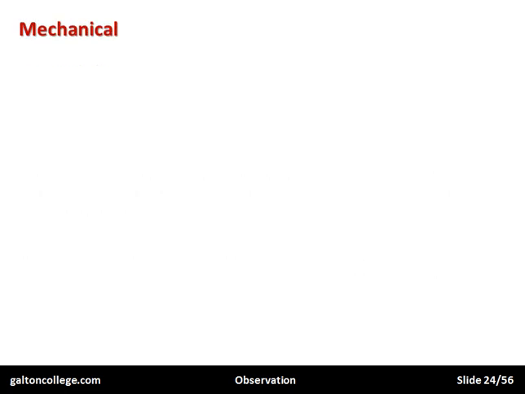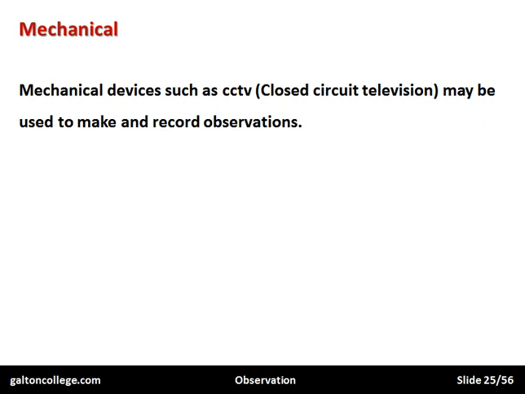Now the mechanical. It is possible to use closed-circuit television to make observations. Now this is the use of mechanical equipment to make observations of people or of events. It's possible that the internet or CCTV or some sort of device could be used to help collect data about a group.